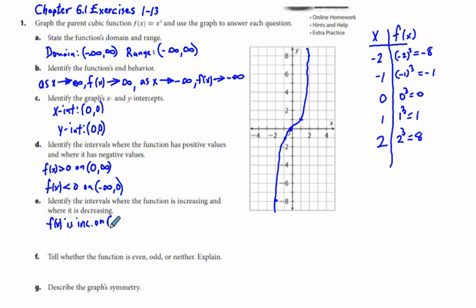You could write it out verbally, but I'm just going to put this in interval notation, negative infinity to infinity, increasing everywhere. And where is the function decreasing? F(x) is never decreasing, or never decreases.